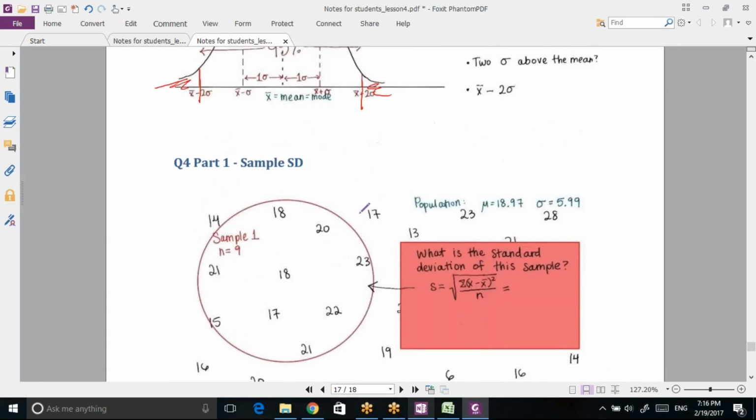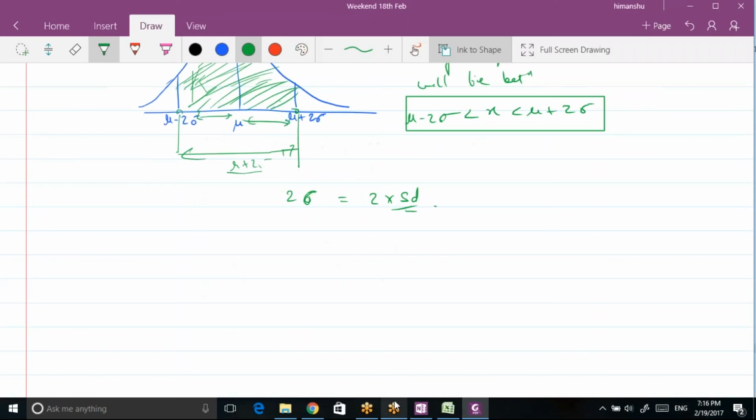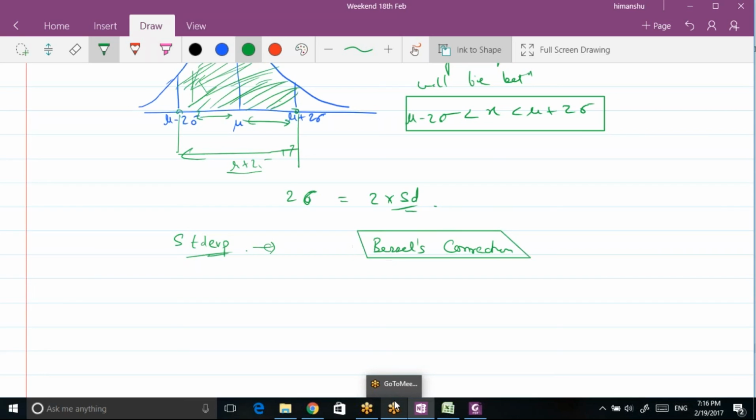Okay, thank you. So now I'm just going to explain why we used this STDVP. And one more thing I'm going to discuss is Bessel's correction. Okay, I will leave it here.